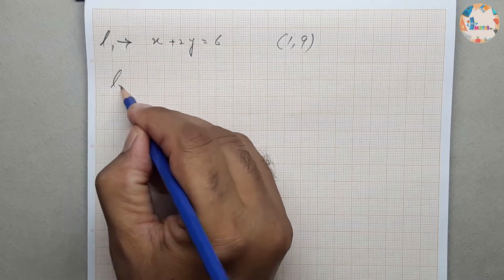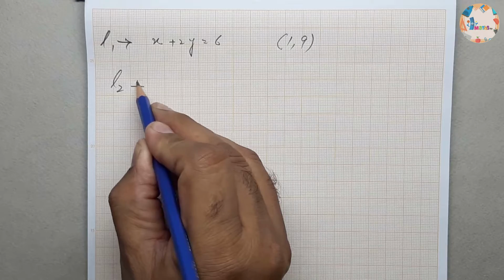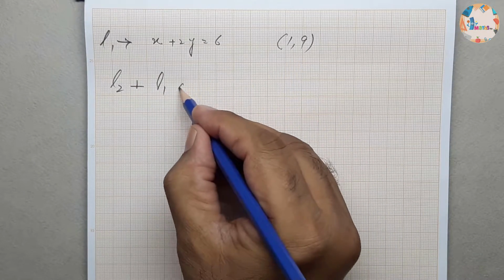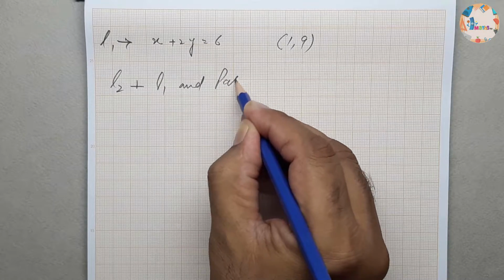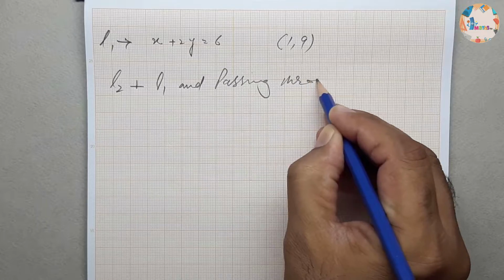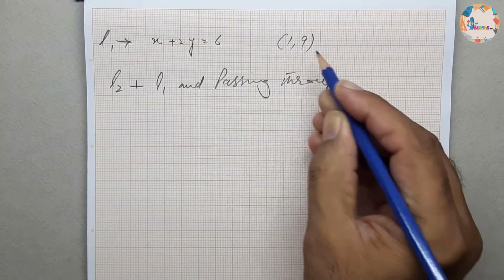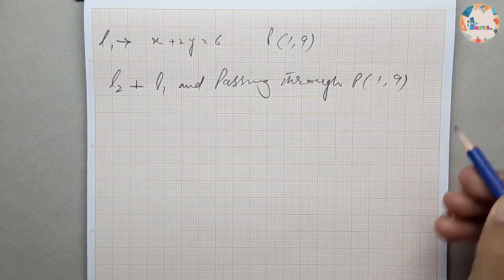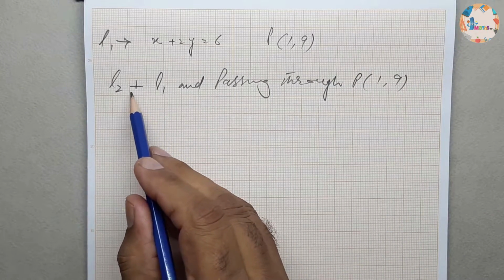So we have to find L2 which is perpendicular to L1 and passing through this point, like for example P point, which is 1 and 9.